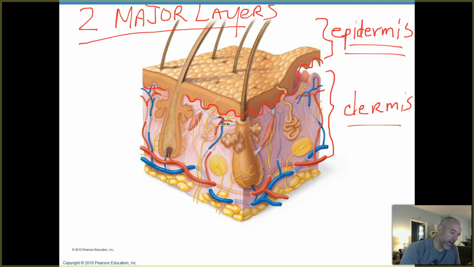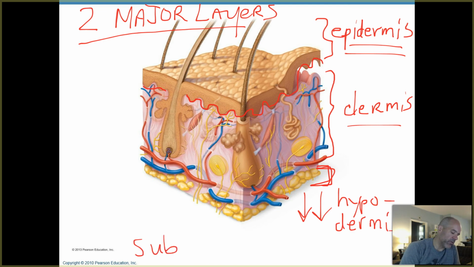And then finally, even deeper than that, you get into a tissue layer called the hypodermis. That's also called the subcutaneous layer, sub meaning underneath. Remember cutaneous?